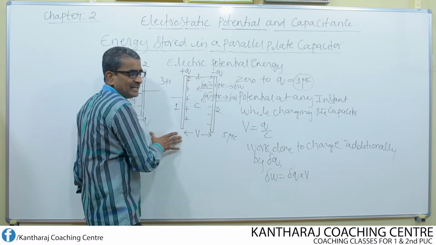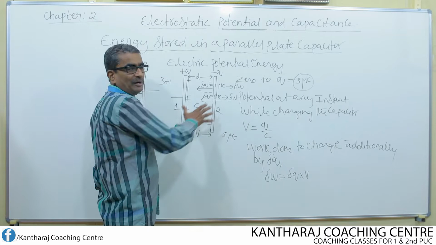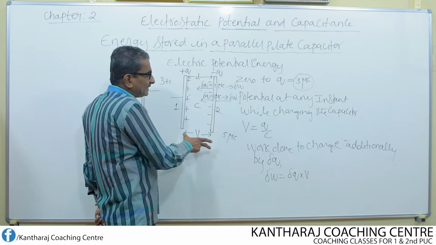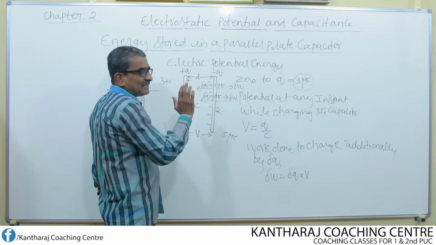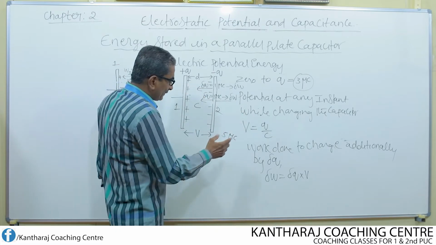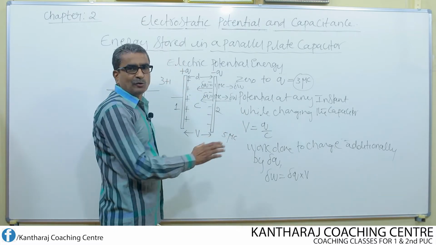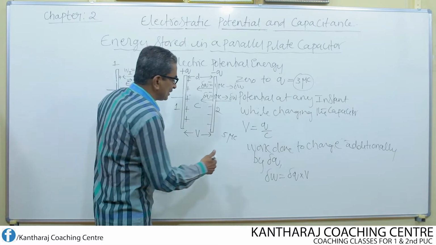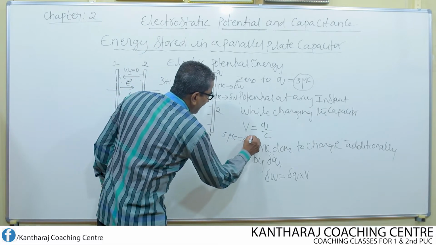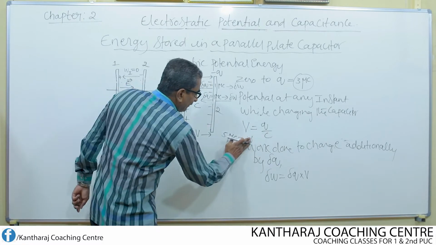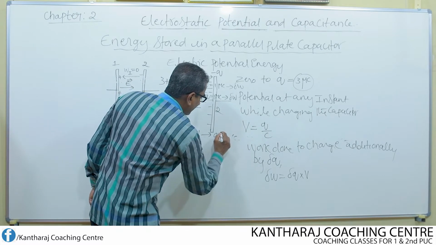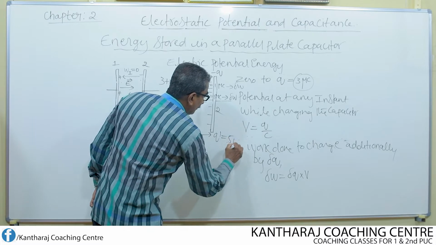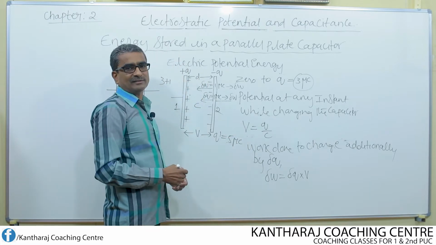In the second stage, if a capacitor is already charged to Q coulomb, and the same capacitor is to be charged additionally by 5 microcoulomb or 2 microcoulomb, or in general by an amount delta Q dash, then what should be the work done?